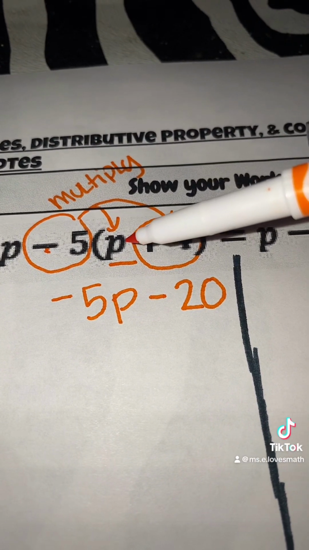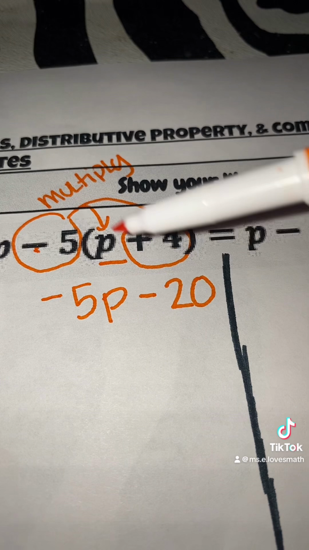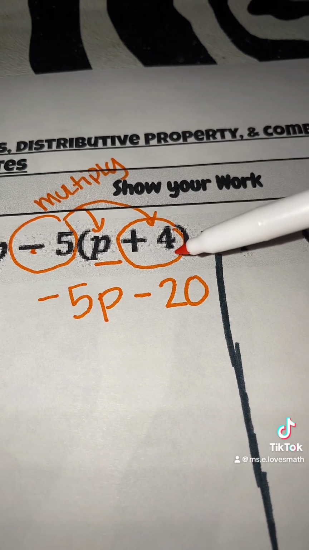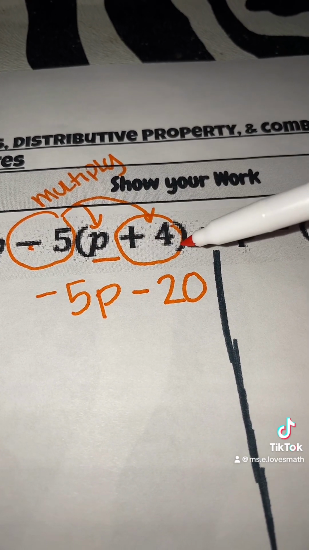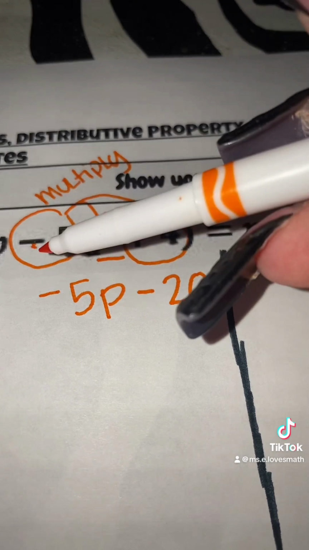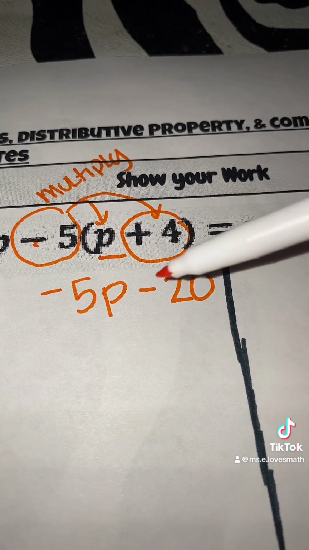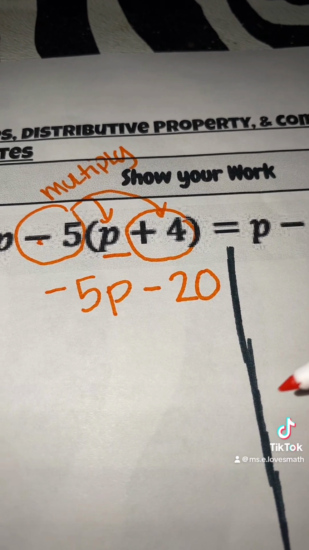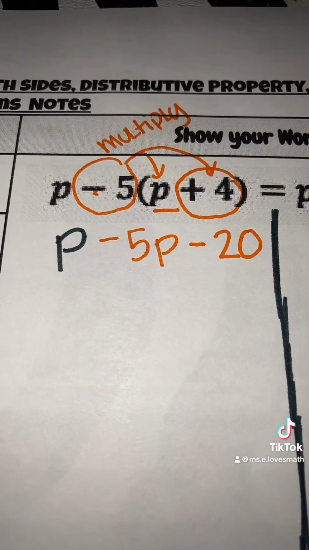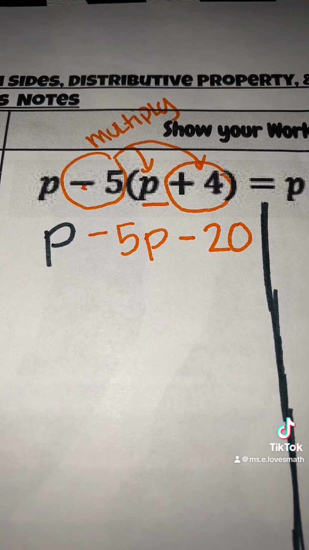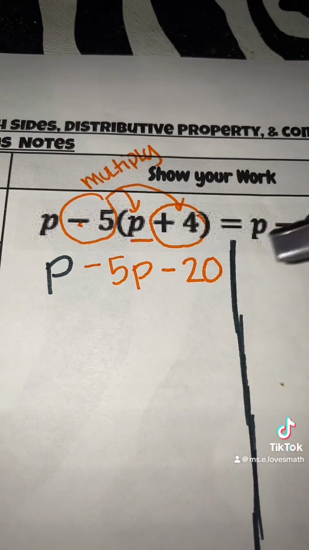Negative 5 times p is negative 5p. Negative 5 times positive 4, this plus makes this 4 positive, so negative 5 times positive 4 is a negative 20. That p out front just comes down into the equation.